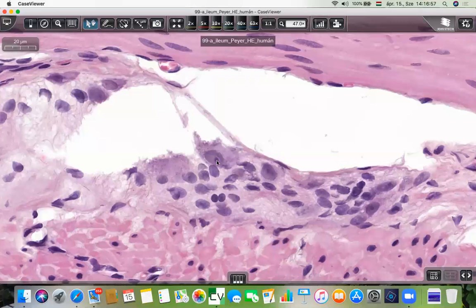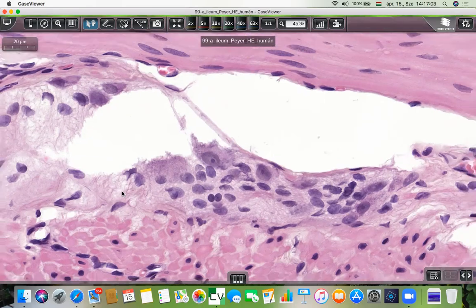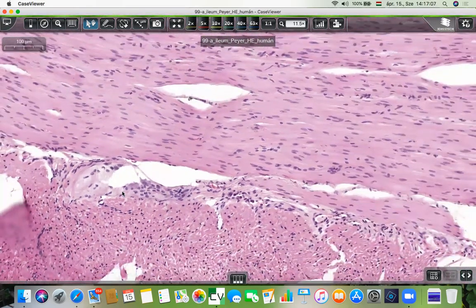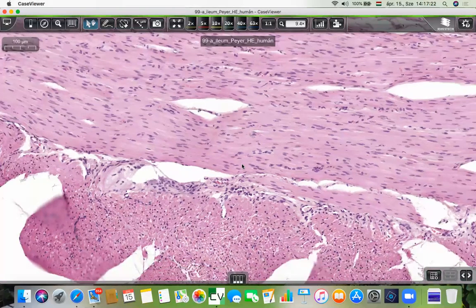The prominent nucleoli are also present, and nerve fibers as well. So Meissner's plexus innervates the walls of the vessels of the submucosa and the muscularis mucosae, while the Auerbach plexus, the myenteric plexus, innervates the muscle layers of the muscularis externa.